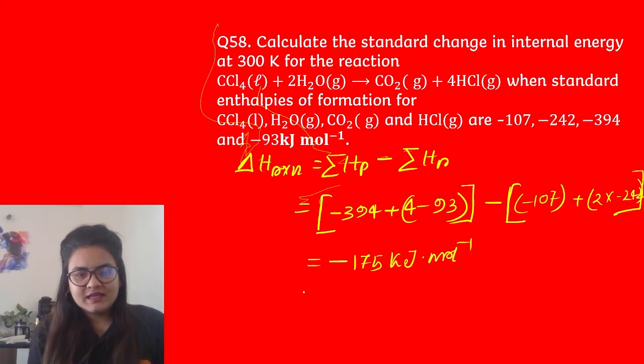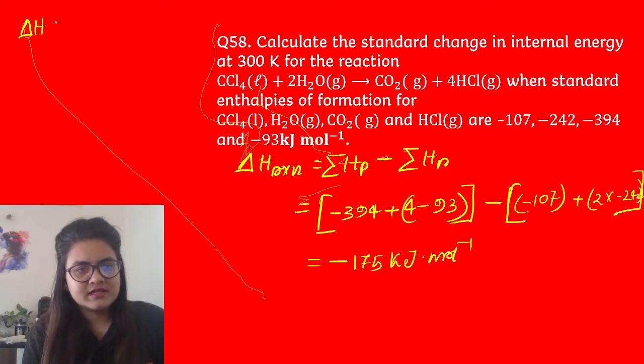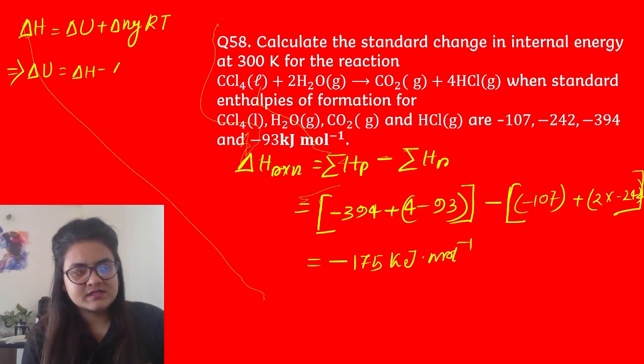Now what you have to do, again that formula that I already told you, I'm just writing it here. Delta H equals delta U plus delta Ng RT. So now here delta U actually you have to find out. So the equation becomes delta U equals delta H minus delta Ng RT. Delta H value I can put from here, minus 175 kilojoule per mole, minus, delta Ng value we have to find out.